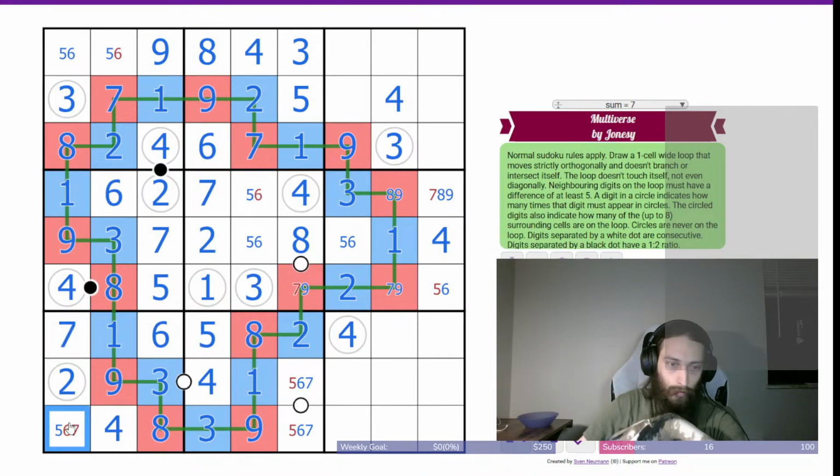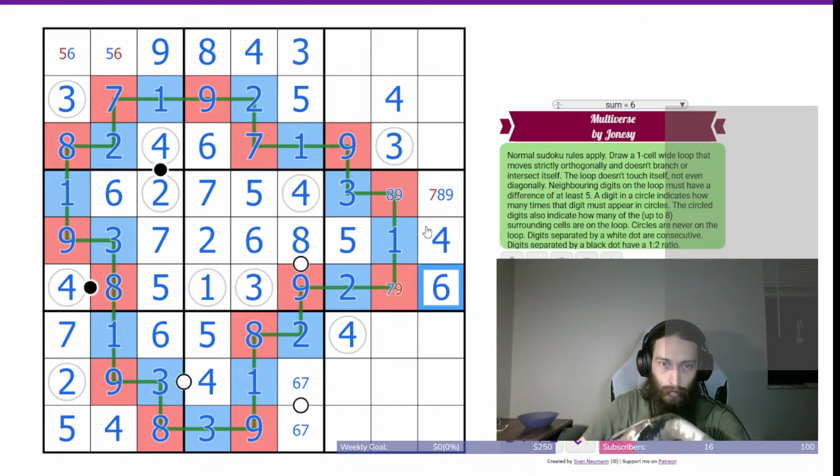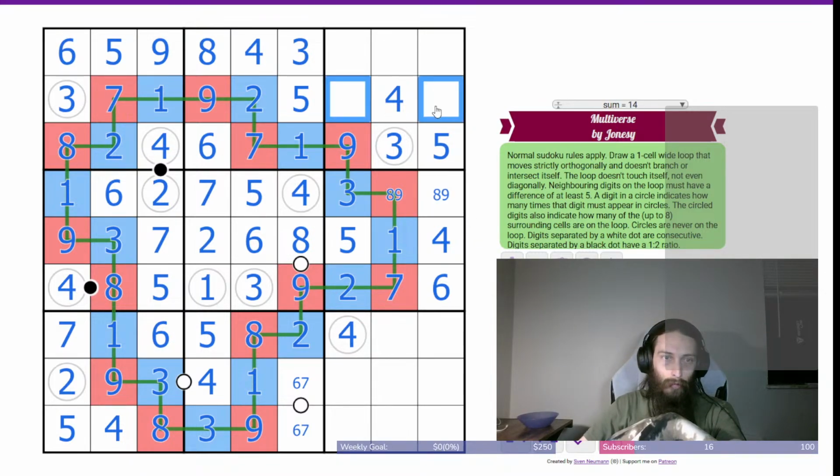Those aren't 5, so that's 9. 5 and 6, 5 and 6. 7, not a 7. 5 and 6. So then this one is a 5. These two are going to be 6, 8, or that's an 8 and that's a 6. 9 and 8.